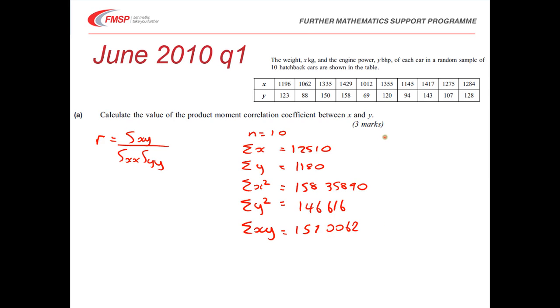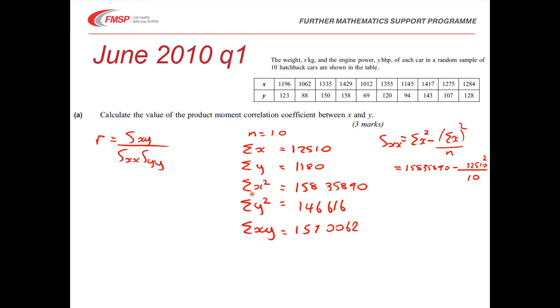So now let's calculate each. Sxx is going to be the sum of x squared minus the sum of x all squared over n. In this particular case, it's going to be 1583580 minus 12510 squared over 10. Please notice it's the numerator squared, not the denominator.